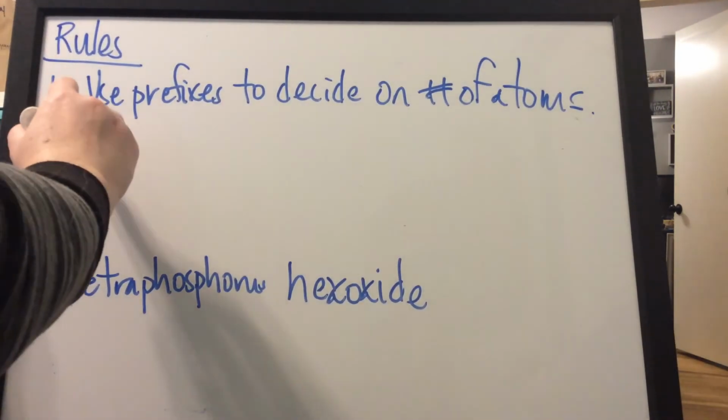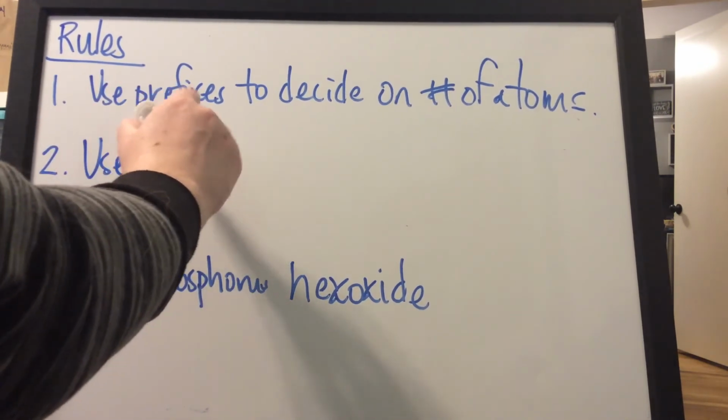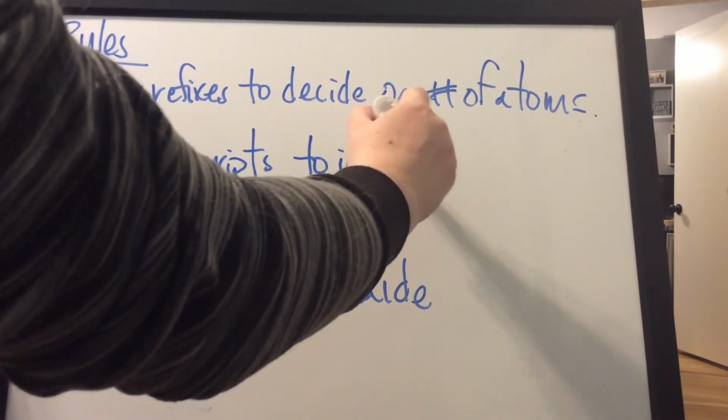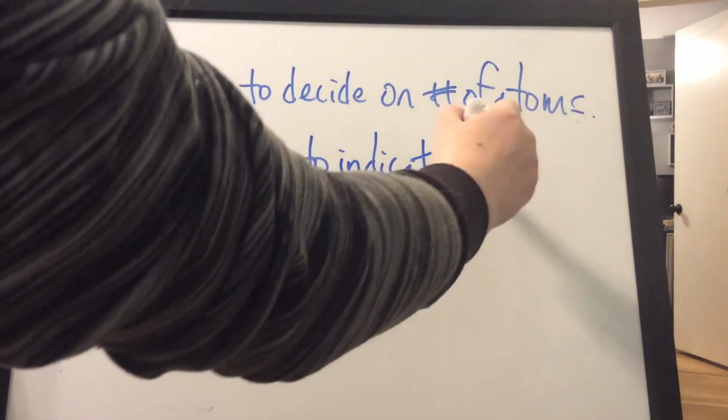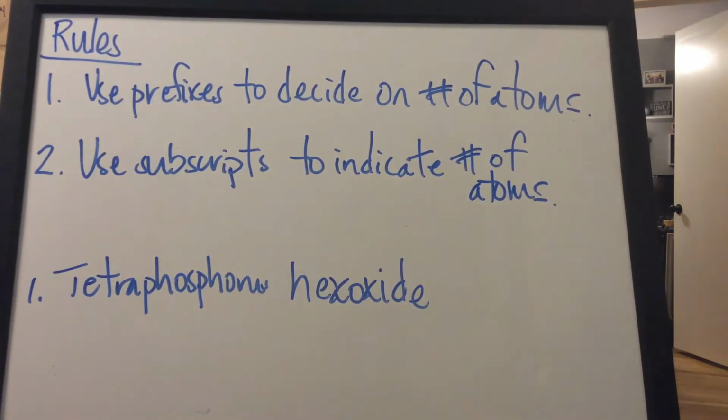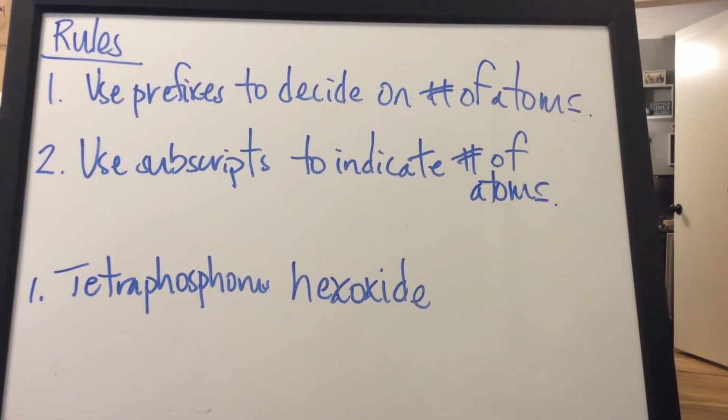And then the second rule is use subscripts to indicate the number of atoms. Okay, this is almost so simple that you don't need rules for it. So use the prefixes to decide how many atoms we have, and then use subscripts to indicate how many atoms there are.